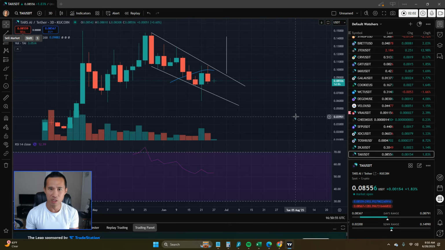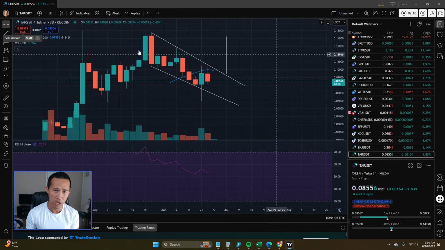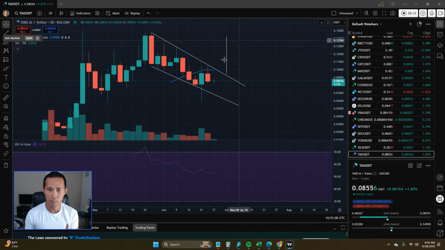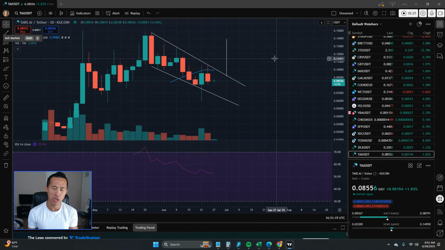But in this case, it is running out of strength for the falling wedge, and it usually indicates a reversal is coming up. If the price action actually breaks out by this point here, the price target for TARS AI is going to be just right underneath 14 cents here. So that's basically what I'm seeing.